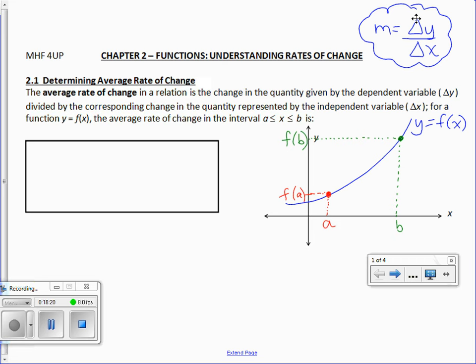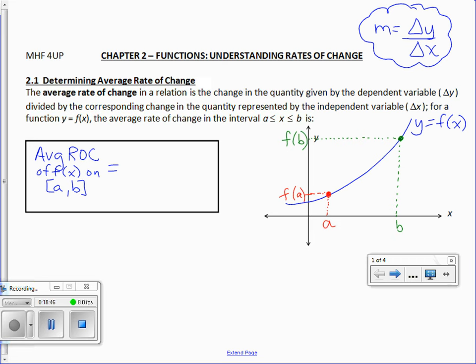So the average rate of change of f at x on the interval a, b. Very wordy, but you get that's what we're finding. The average ROC, short form for rate of change. Everyone good with that? I'm going to be using ROC all the time here. We're going to rock it out.